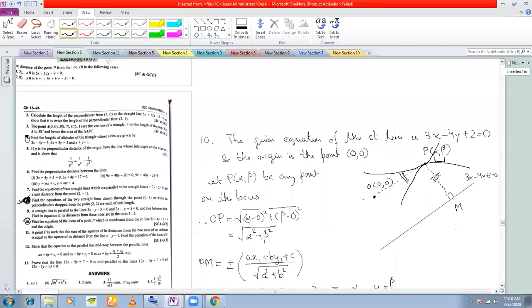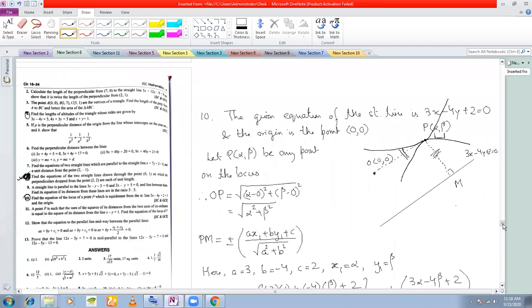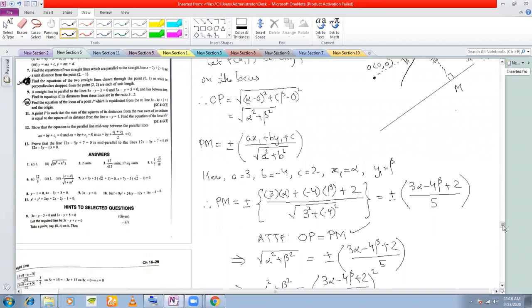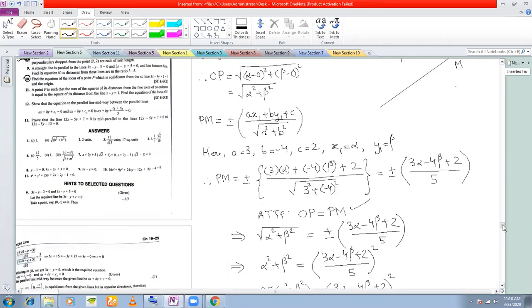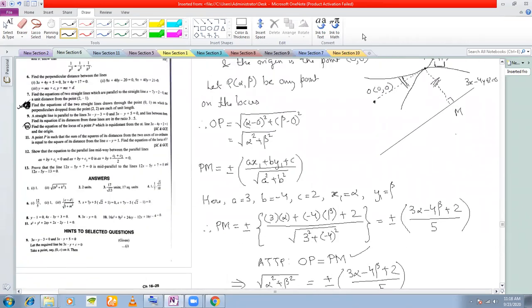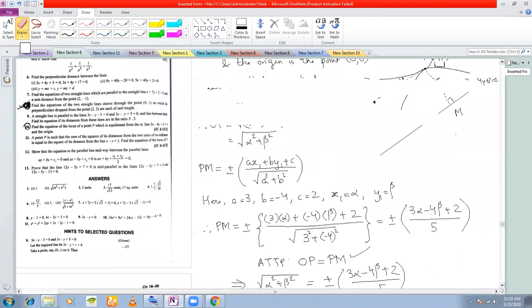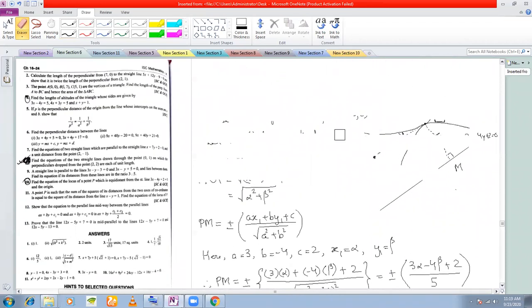We are not discussing parabola here, because parabola is in Section B. But this is what a parabola will look like. Remember that locus is nothing but a relation between alpha and beta, a relation between the x and y coordinates.